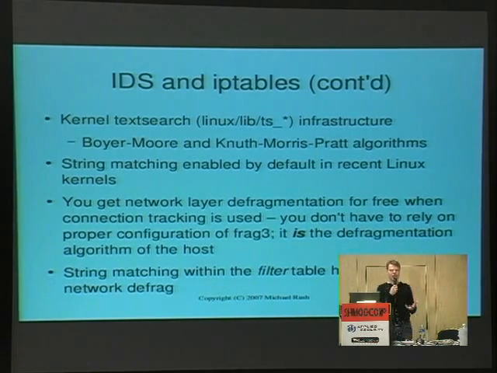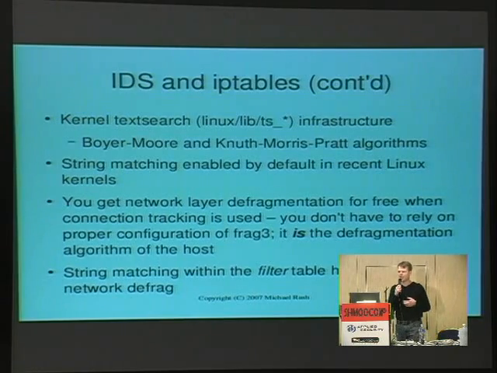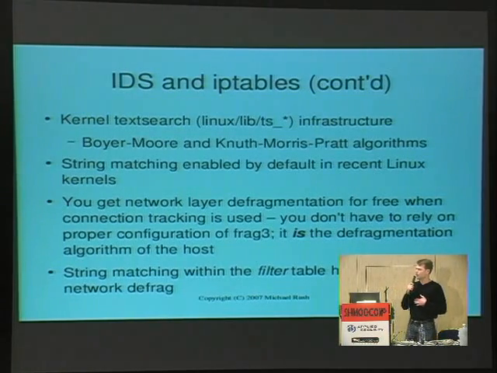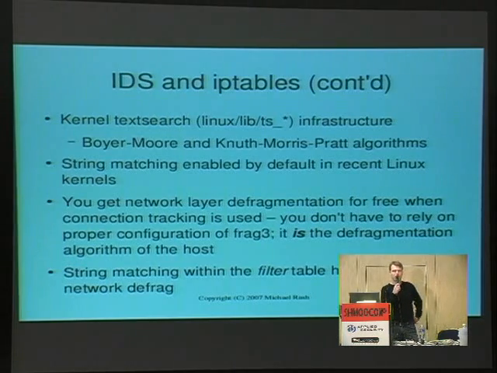Well, if you didn't communicate this information to your security group, so they can reconfigure the frag3 preprocessor to run the Linux defragmentation algorithm against that particular IP address, now Snort is going to reassemble traffic according to how a Windows IP stack does it, and so there's a disconnect there. If you're running a server on a Linux system running iptables, you don't have to worry about that because you are taking advantage of the defragmentation algorithm of the actual IP stack on the system.